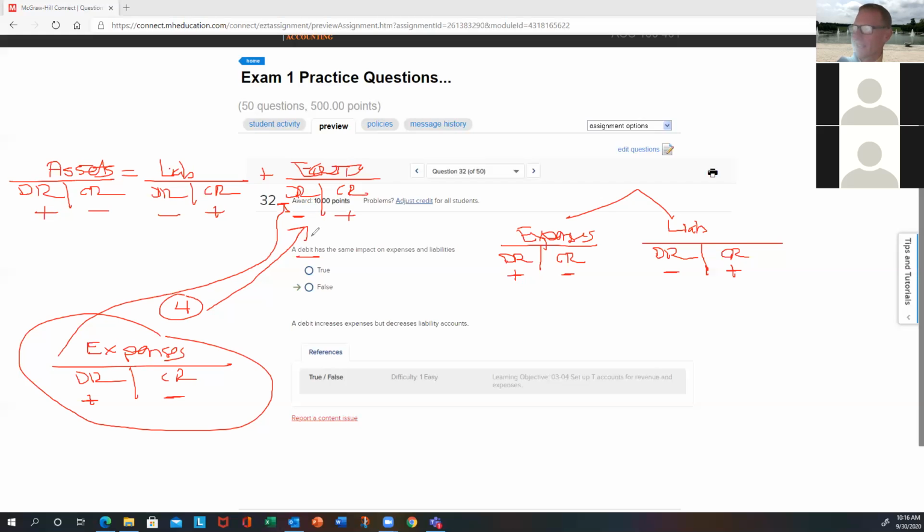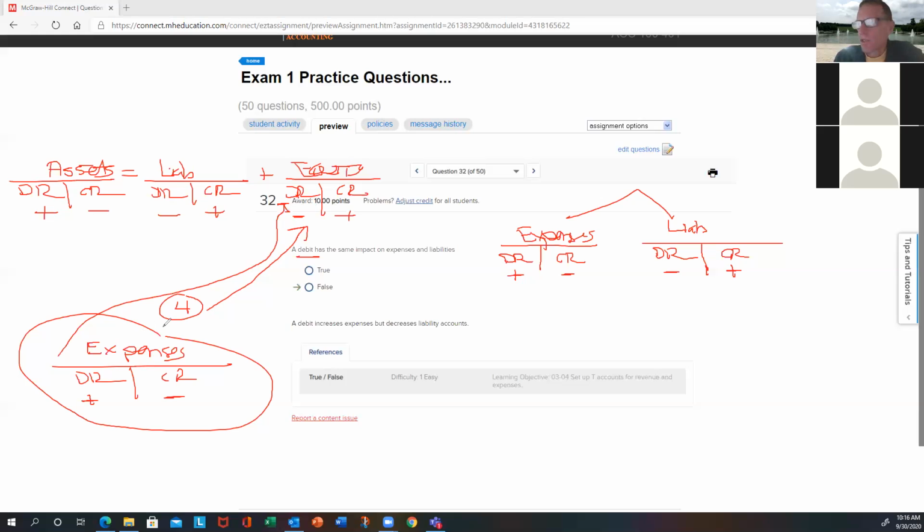And to go back to your question, that's the reason why: expenses are debited, but in effect, it's like you're increasing the negative part of equity, because remember, expenses reduce equity. And that's just the best answer I can give you in terms of why they set it up like that.